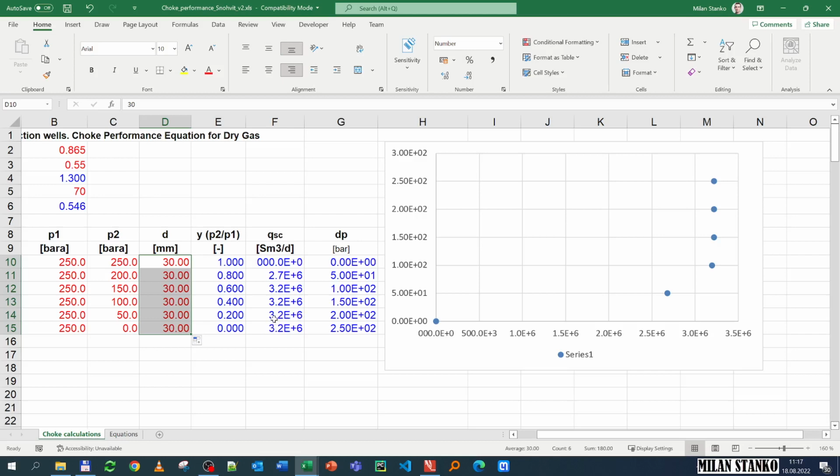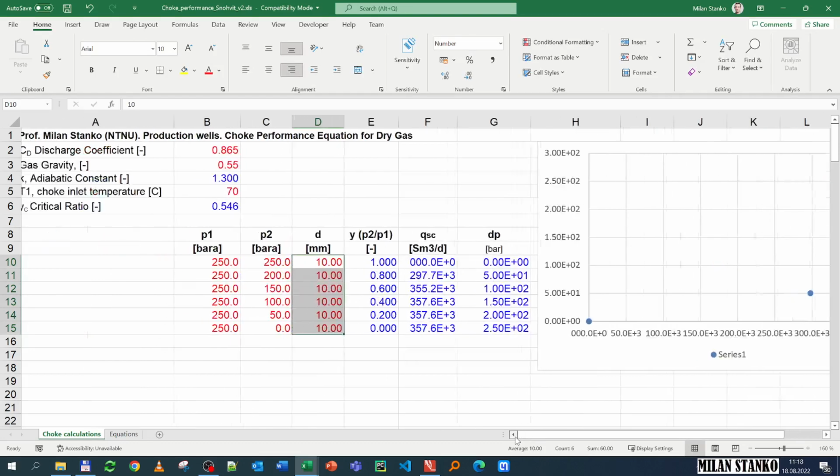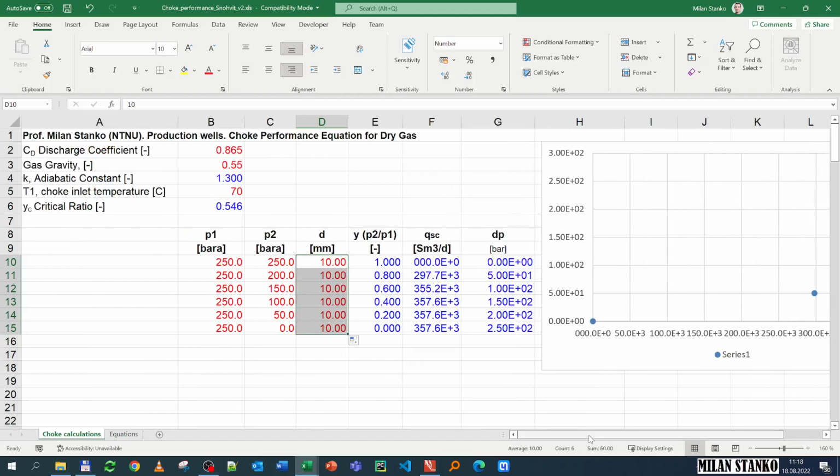So the choke rate increased significantly. And if we use a smaller value, for example 10 millimeters instead of 15, the curve moves to the left, and the maximum is no longer 600,000 but 350,000. So this was an example of how to use the choke model.